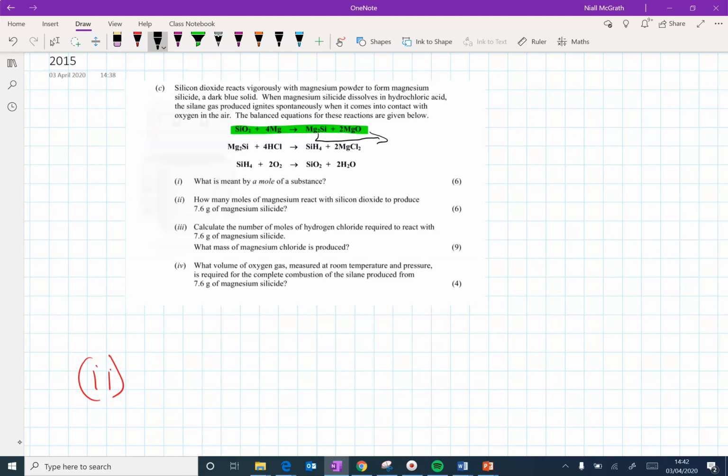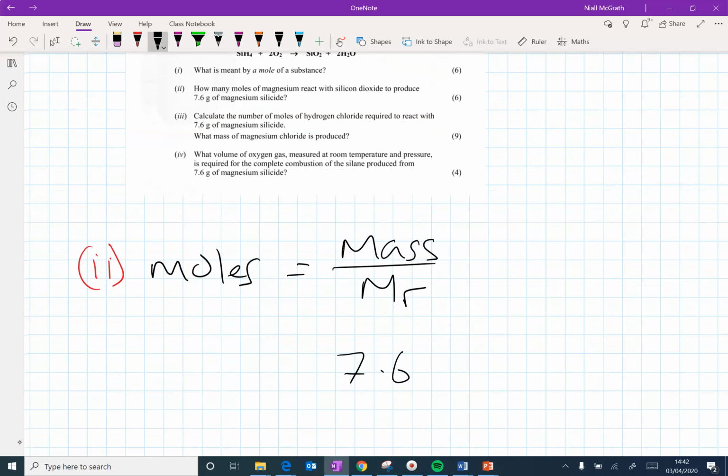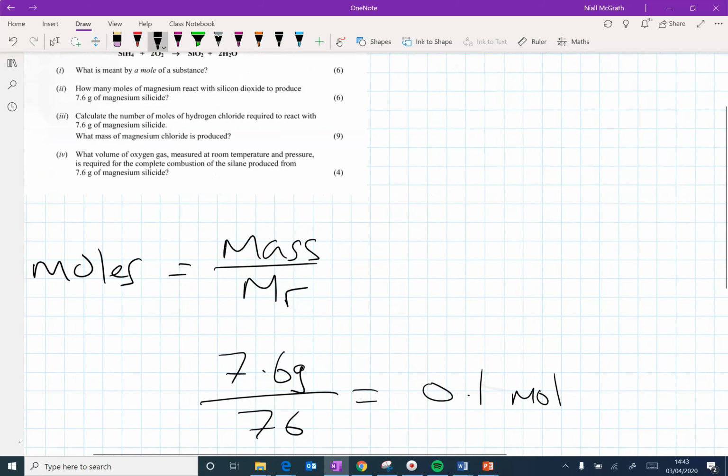So our moles is equal to mass over relative mass. Our mass in this case is 7.6 grams. Our relative mass is actually 76 grams, so our number of moles is 0.1.